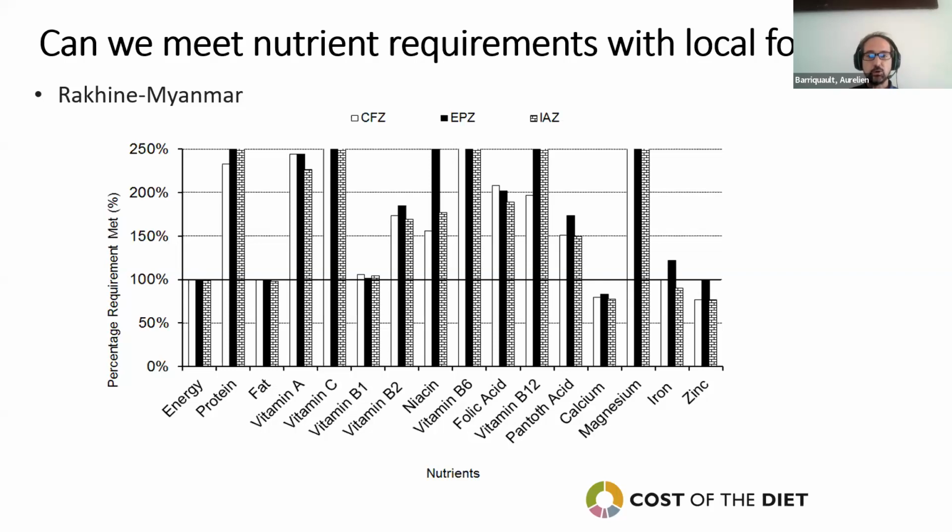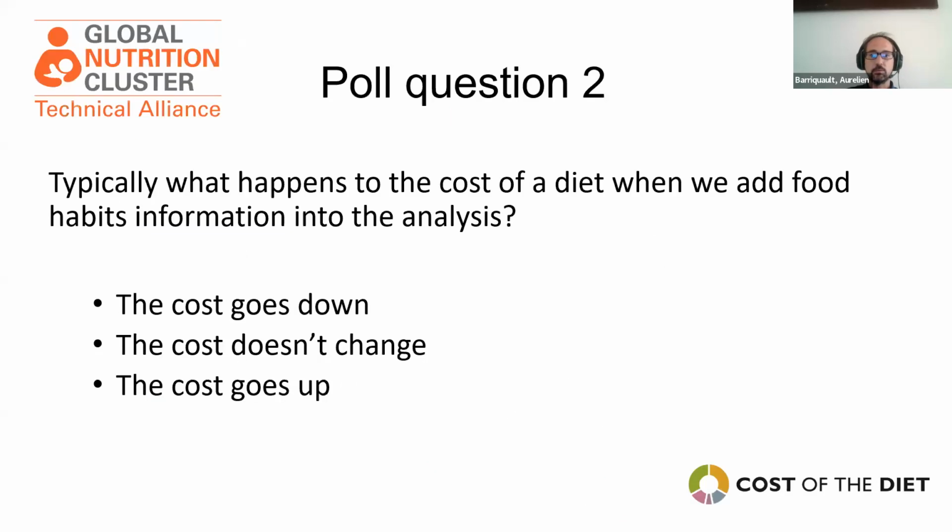As we can see on the right-hand side of the graph, there are a few nutrients for which requirements have not been met: calcium, iron for one of the livelihood zones which has been assessed, and zinc. So these are some of the results from the cost of the diet tool that could tell us if the nutrient requirement has been met in a specific livelihood zone. Next slide, please.